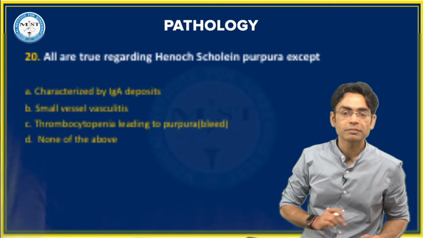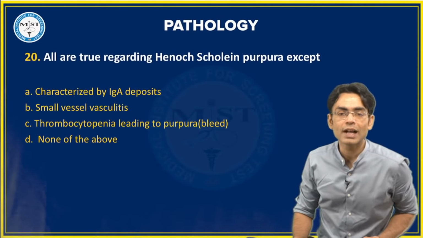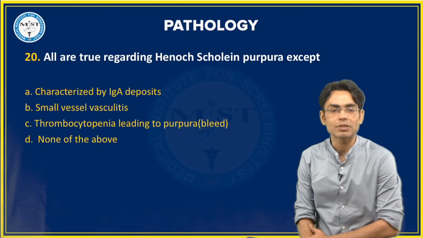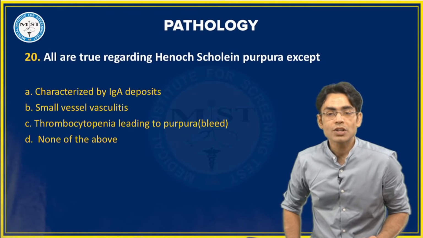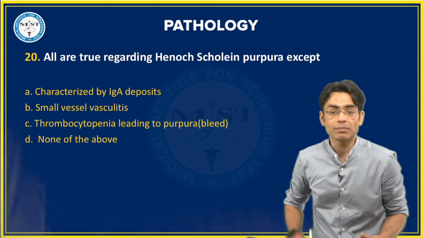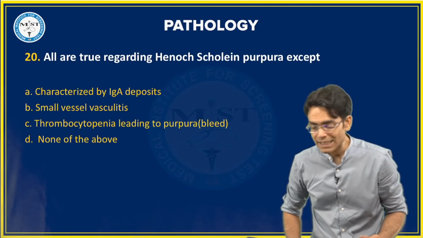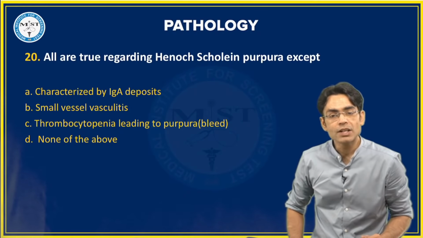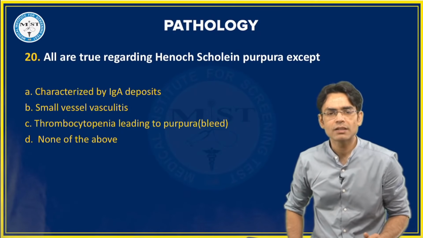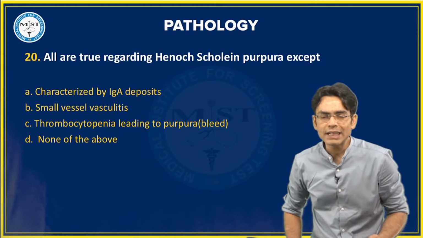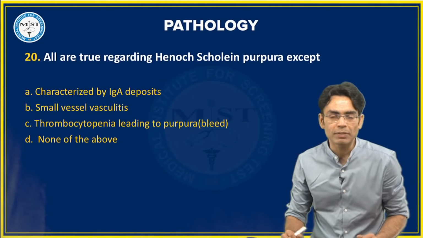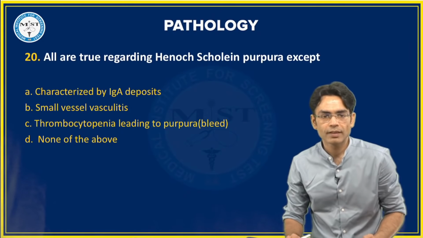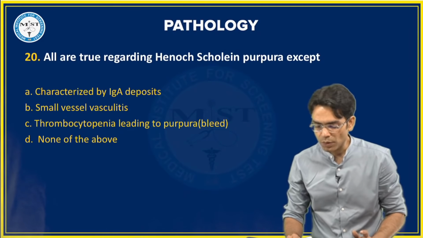Amazing. All are true regarding Henoch-Schonlein purpura except: characterized by IgA deposit, it is a small vessel vasculitis, thrombocytopenia leading to purpura, that is bleeding, the thrombocytopenia is the cause for that bleeding, or none of the above. So what is the answer for this question?